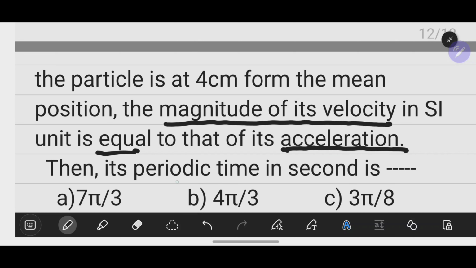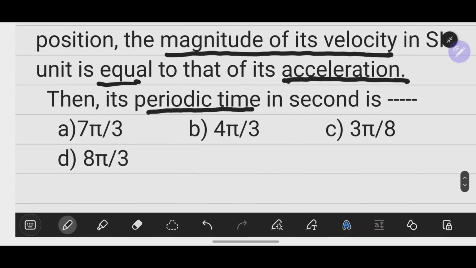Then we need to calculate the time period. The options are A, 7 pi by 3; B, 4 pi by 3; C, 3 pi by 8; and D, 8 pi by 3.